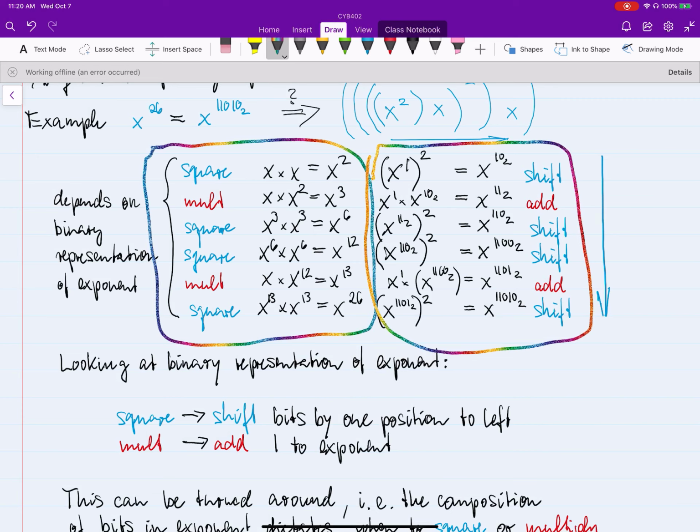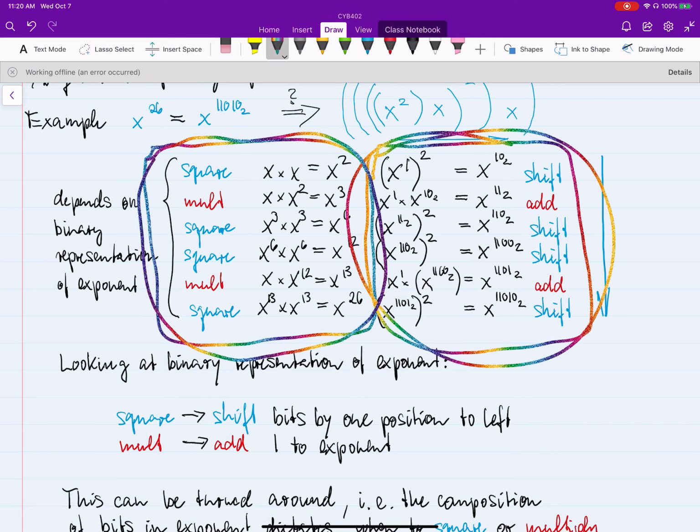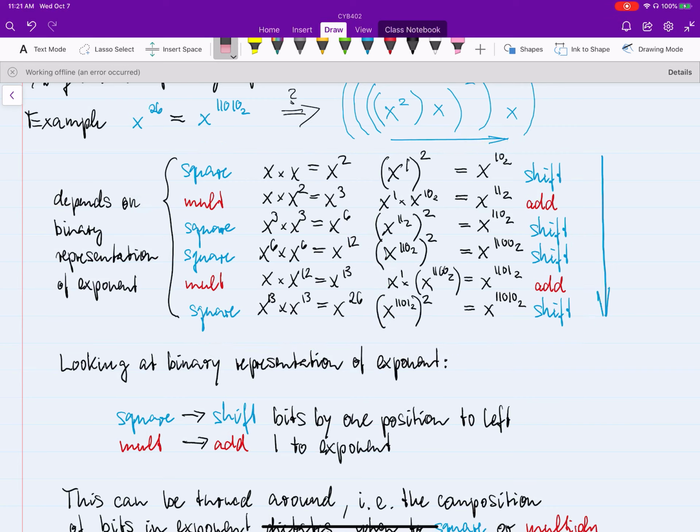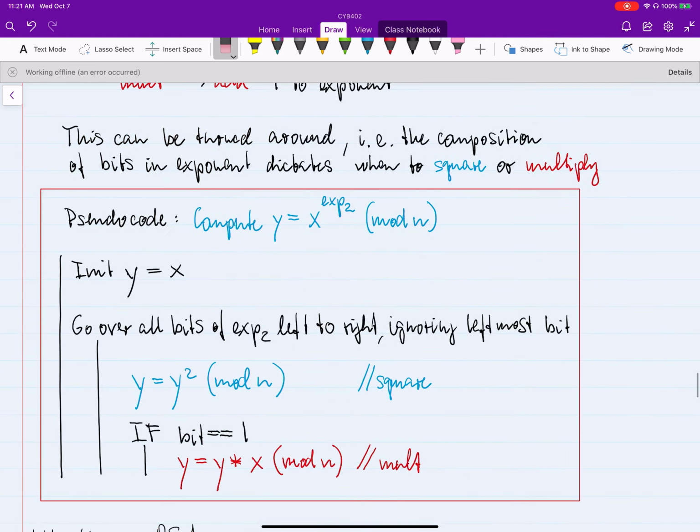The exponent is being shifted or 1 is added, which means that we just turn it around and we basically go from this side here and derive from how the exponent is being decomposed. We derive the actions that we need to do on the computational side, on actually computing the result, which is very interesting.